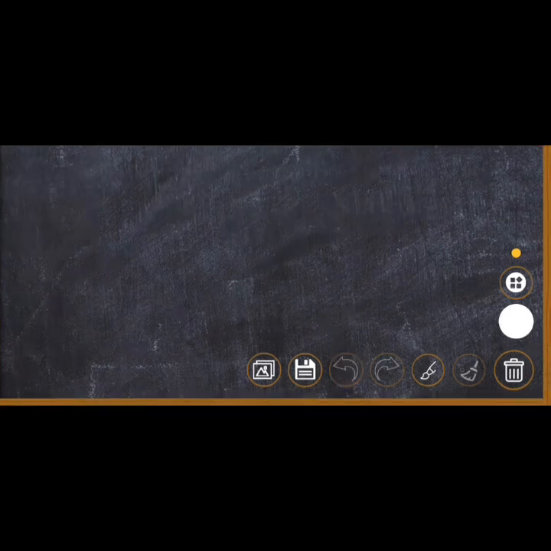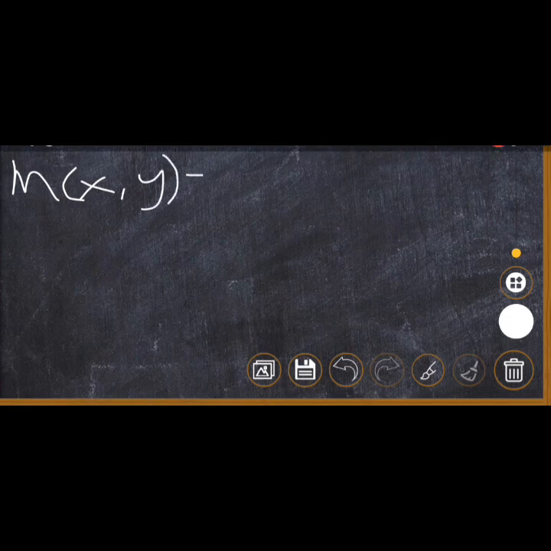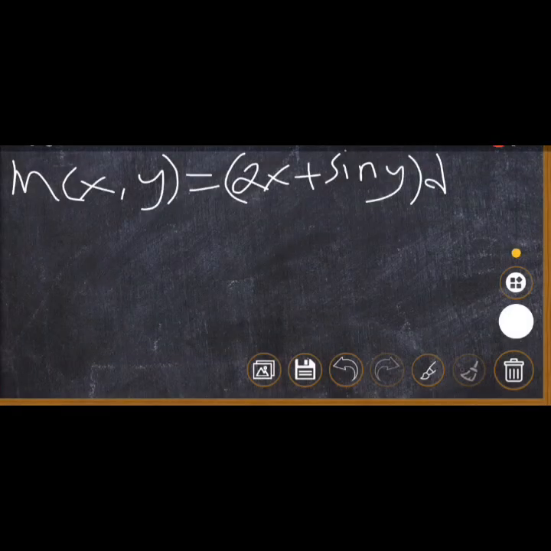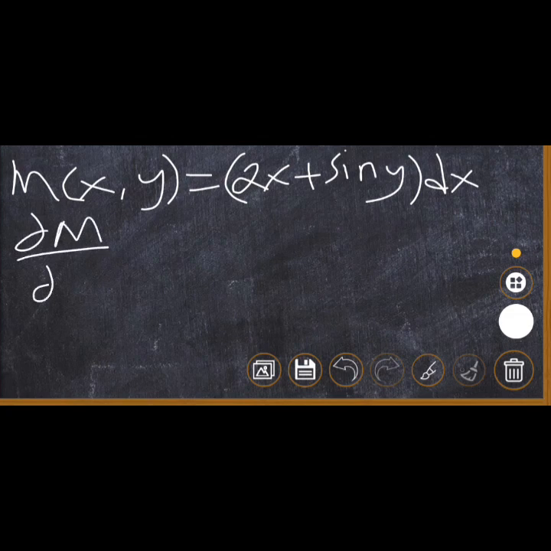So let's look at another example. According to the question, we have been given that m of x comma y equals 2x plus sine y dx. In this case, we are going to differentiate the partial derivative of m with respect to y.